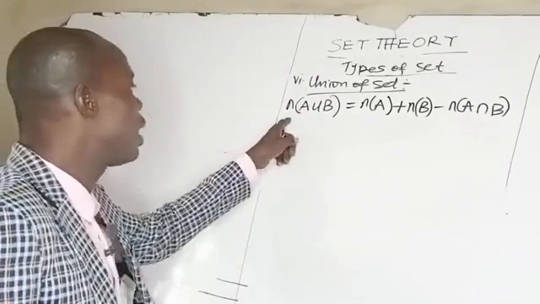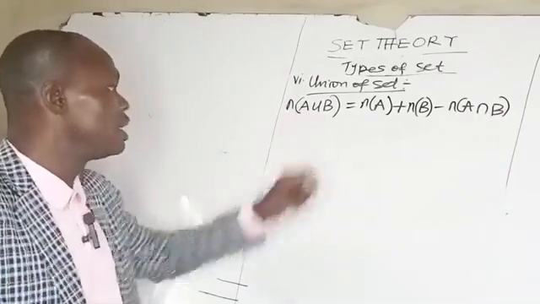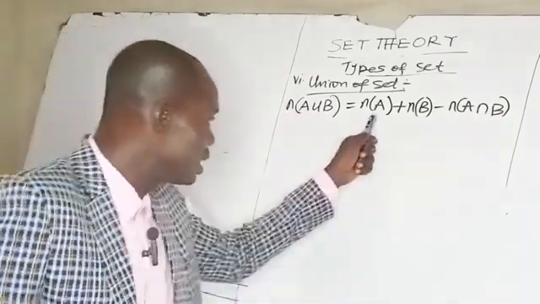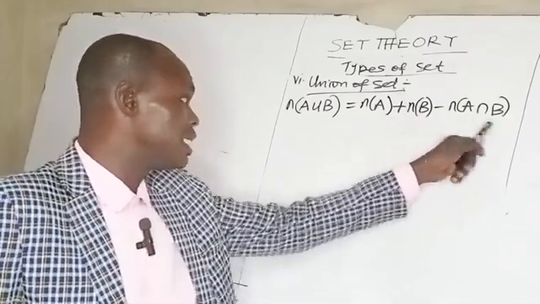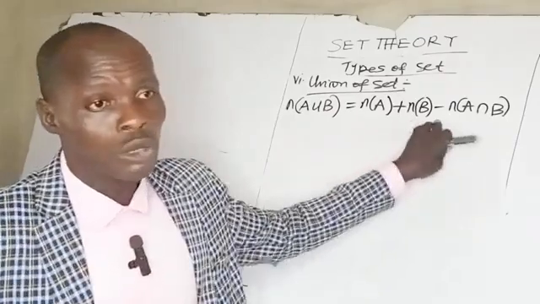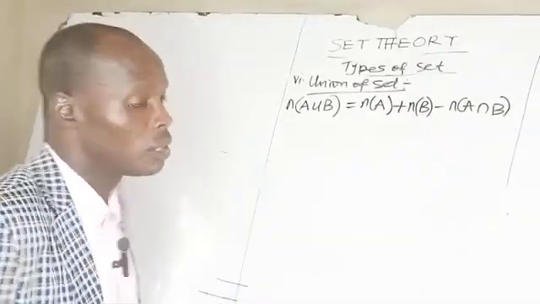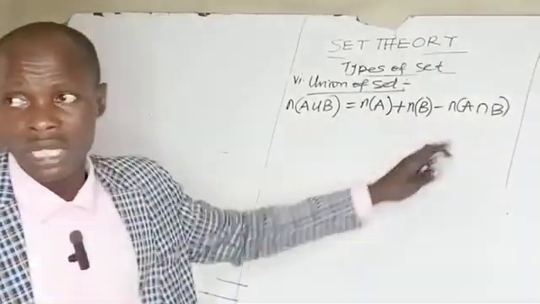So the number in set A union B equals the number of elements in A plus the number of elements in B minus the number in their intersection. I want you to take note of this formula. I will still illustrate this.